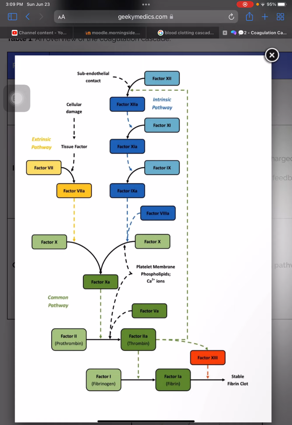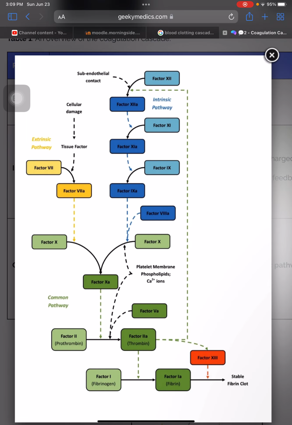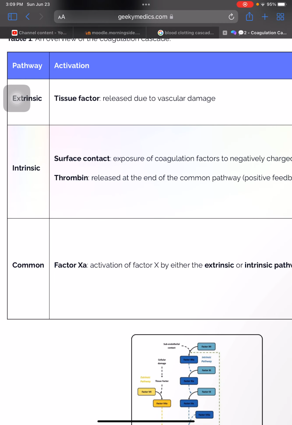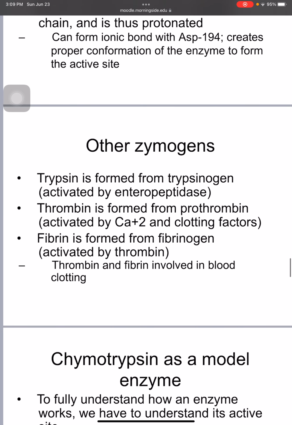Factor 2A, thrombin, can then act upon fibrinogen, which is a zymogen form of fibrin. And then once you form fibrin, the fibrin can clot, and you can actually heal your wound, or stop it from bleeding at least. So, it's really kind of awe-inspiring. I'm kind of geeking out a little bit here, but I'm a chemist, so I'm allowed. It's really neat. All right?